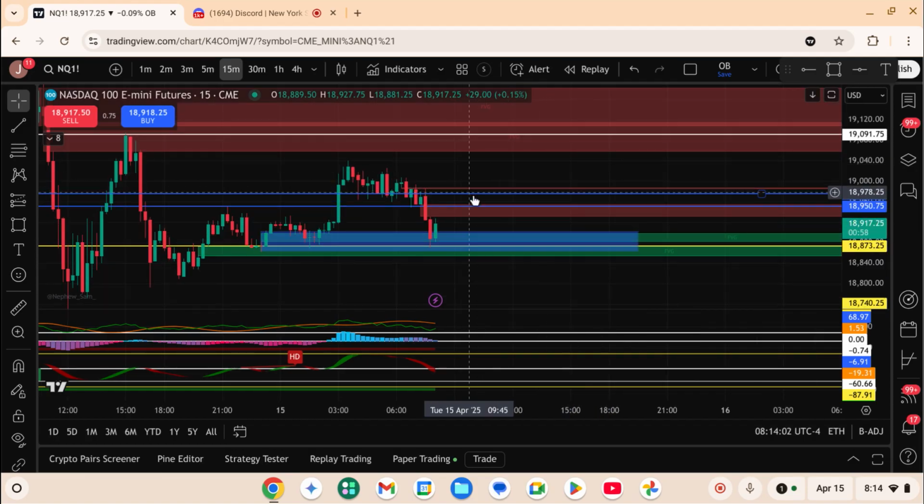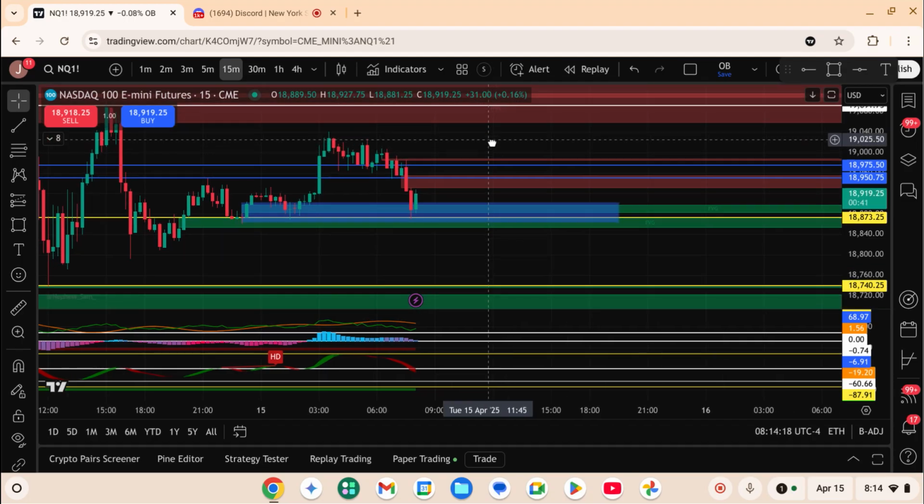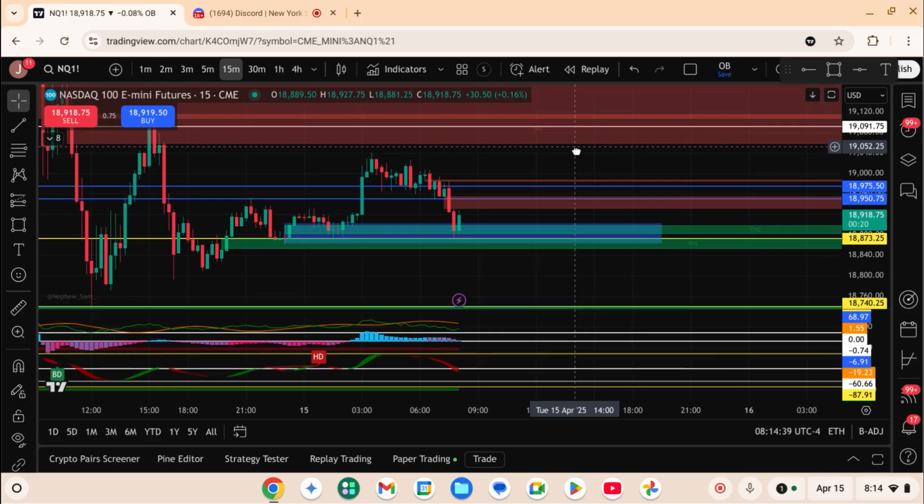If we break out of here, we'll play it up to this white line here for our take profit. But I think news is gonna spike it up to this gap here, right above this blue line. I think this is a 4 hour breaker structure, and then it's probably gonna push it back down into this order block here, and then go all the way up to this white line here, which is the 15-minute lower high.